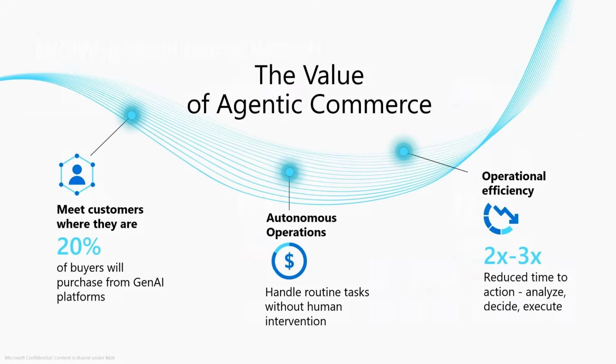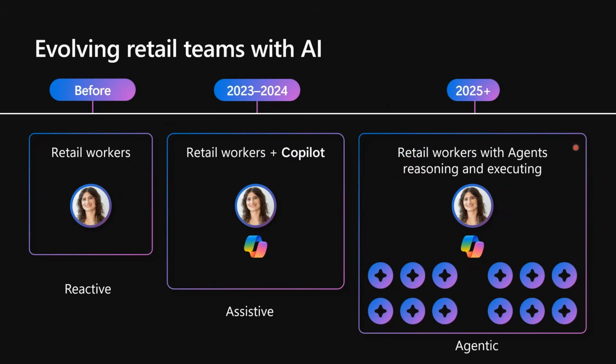With that being said, this is how the journey has been. Prior to the advent of GPT, all of the tasks were done in a very reactive manner by retail workers. As I was sharing, for point of sale systems, we have tried to bring product insights, report insights, as well as customer insights, which help in an assistive manner, enabling your retail workers to provide better customer service to customers visiting you in store.